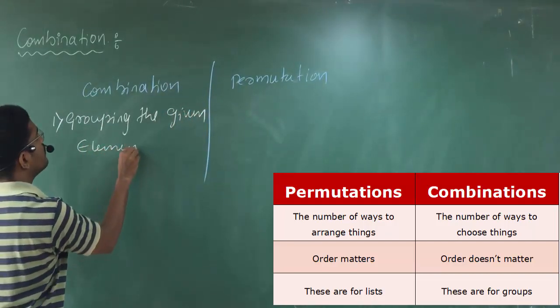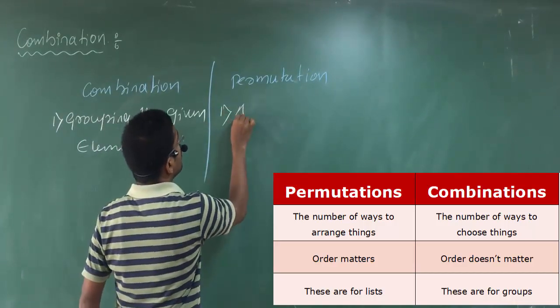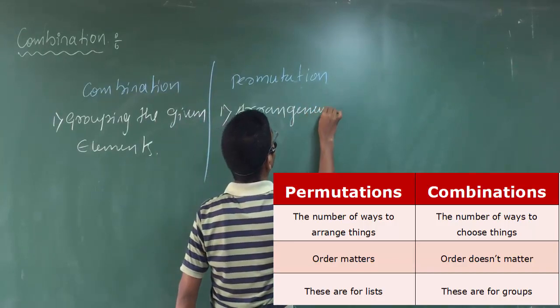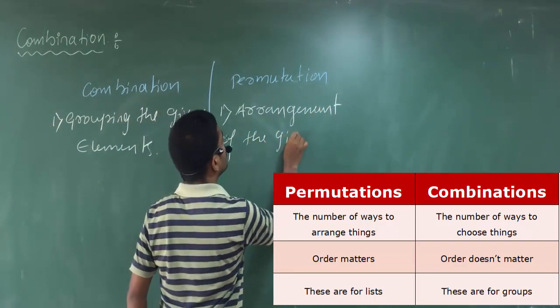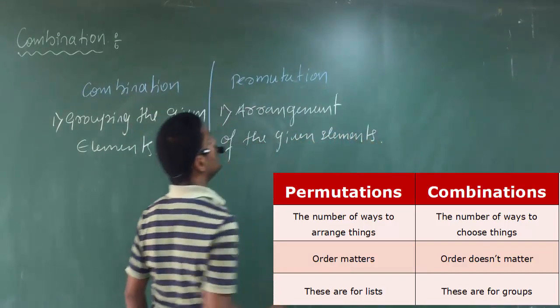Permutation means arranging, the arrangement of the given elements.